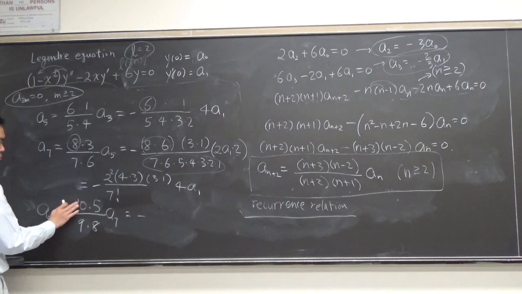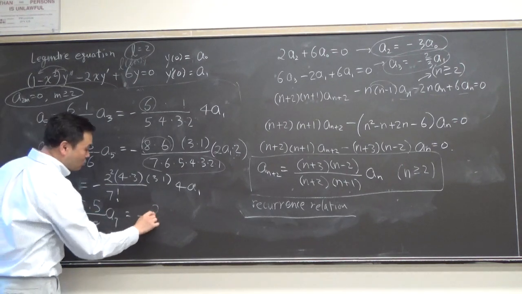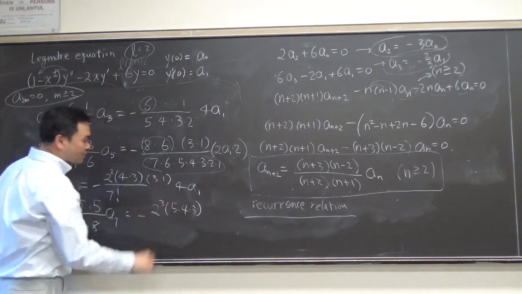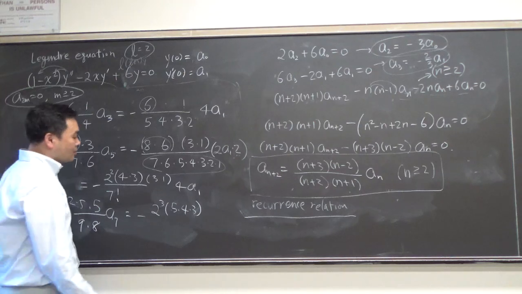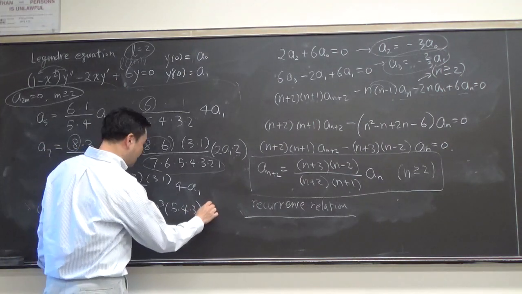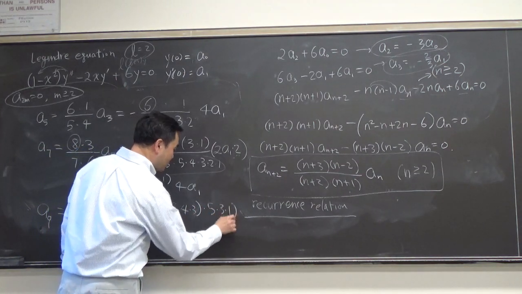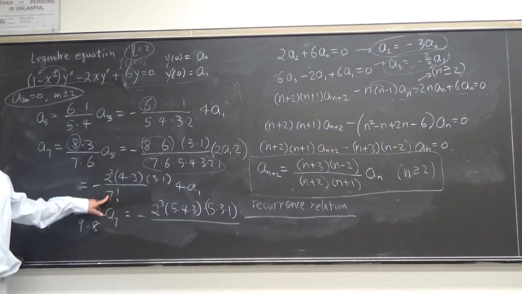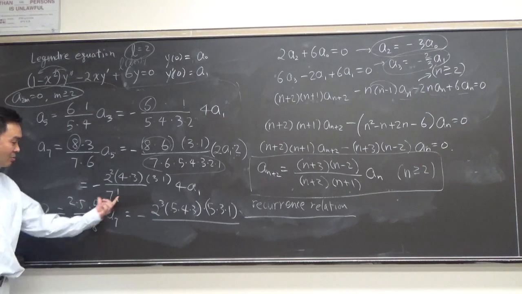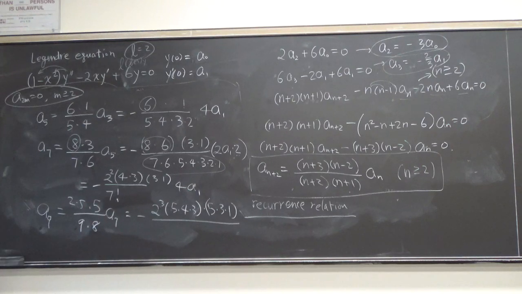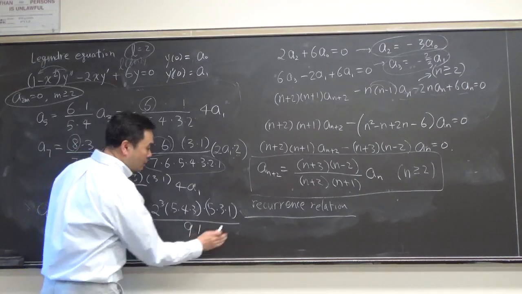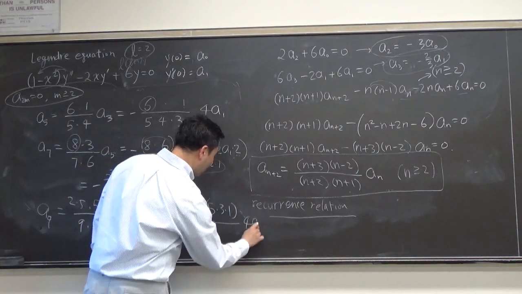Rewrite 10 as 2 times 5, so that now it's 2 cubed, 5 times 4 times 3, right? And then now it's 5 times 3 times 1, over 9 times 8 times 7 factorial. The denominator is multiplying, what's that? 9 times 8 times 7 factorial? 9 factorial of 4A1.